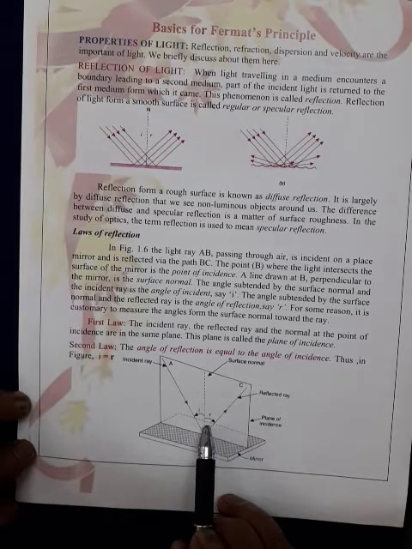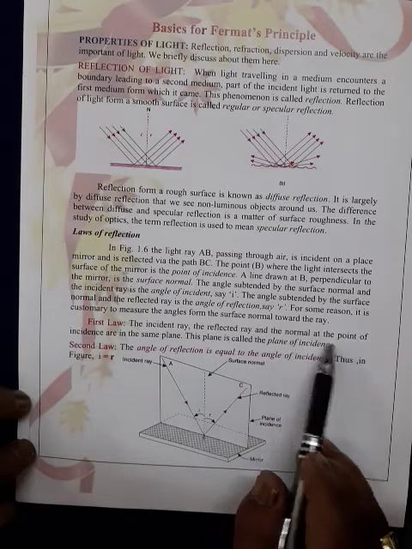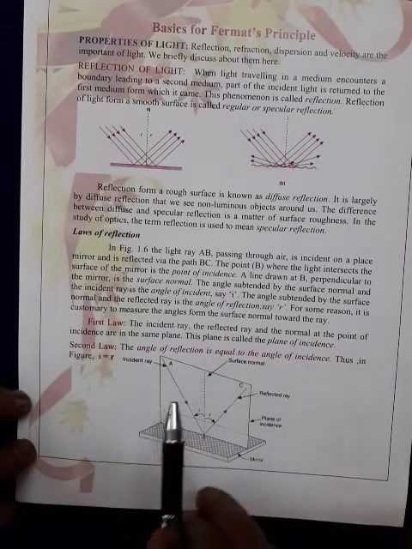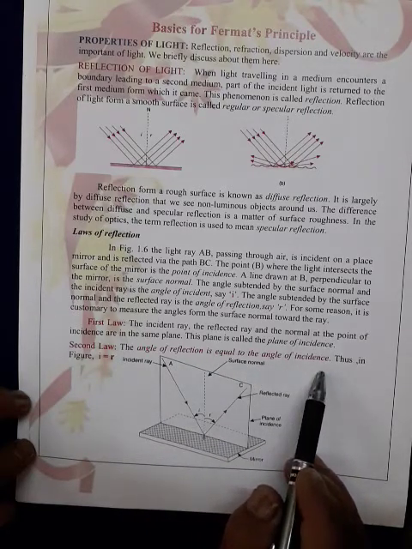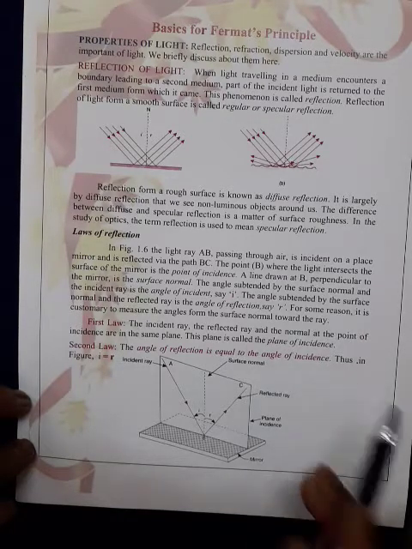So when you are solving for Fermat's principle, we have to prove first that the incident ray, reflected ray, and the normal at the point of incidence are in the same plane. Then we have to prove the angle of reflection is equal to the angle of incidence when we are considering a reflection of light.